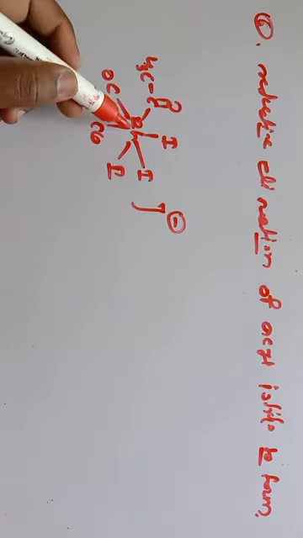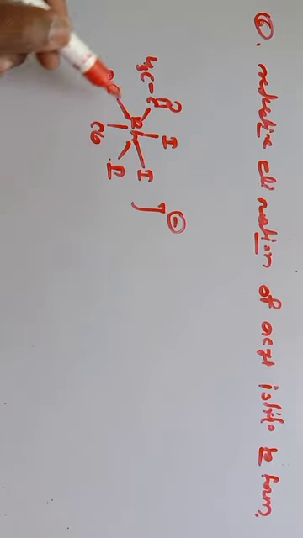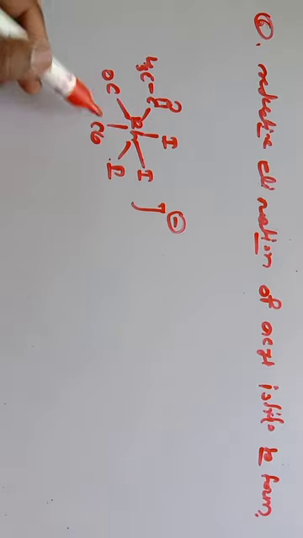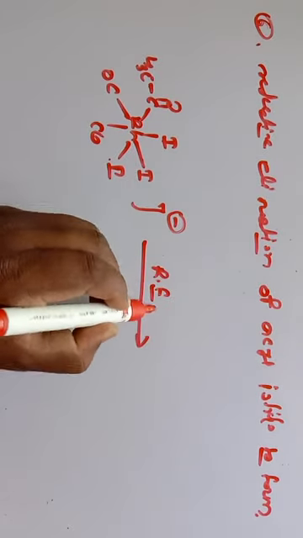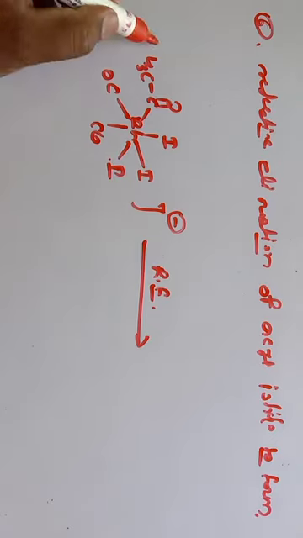In total 9, 10, 11, 12, 13, 13 plus 4, 17, and it becomes 18. So it undergoes reductive elimination, giving acyl iodide.